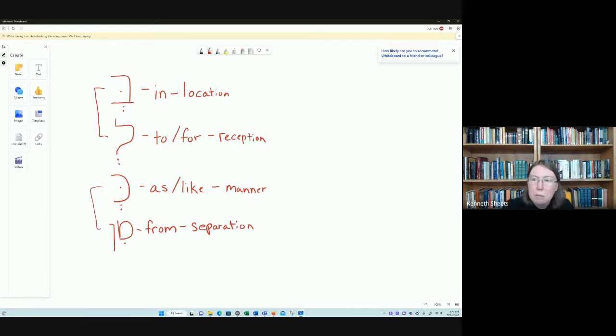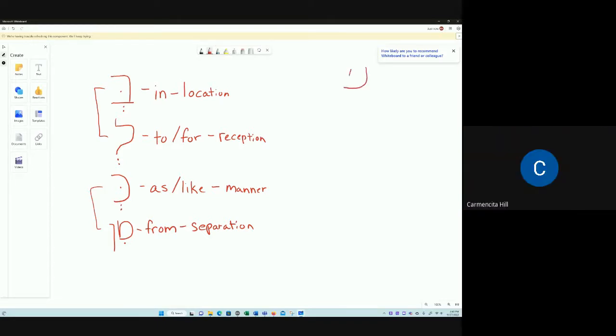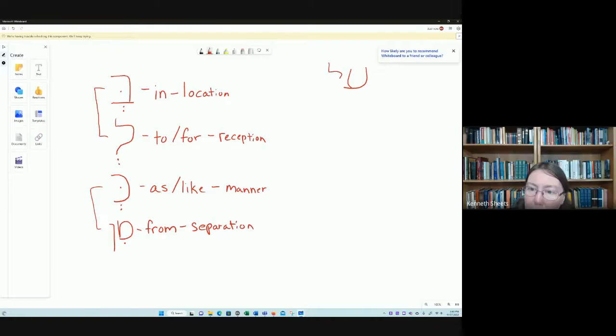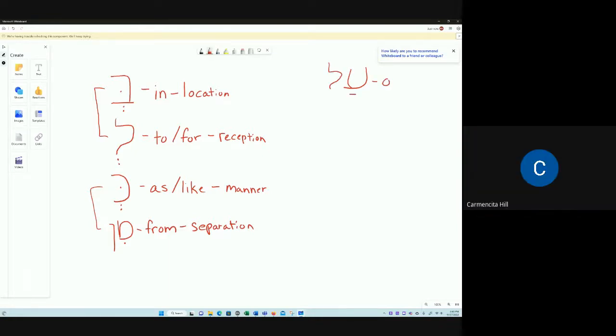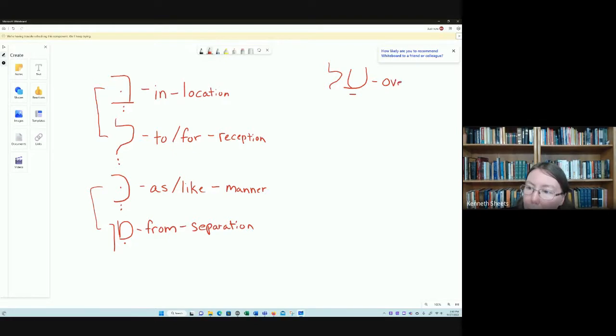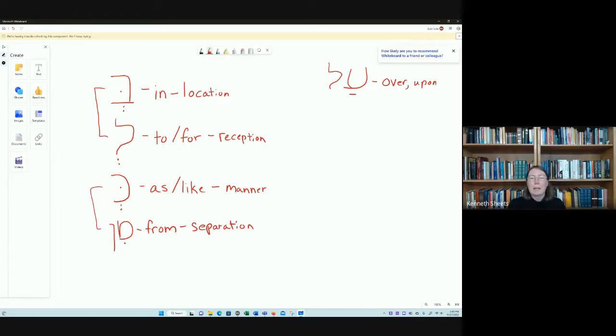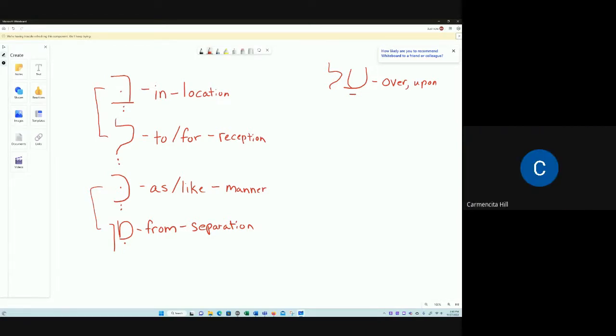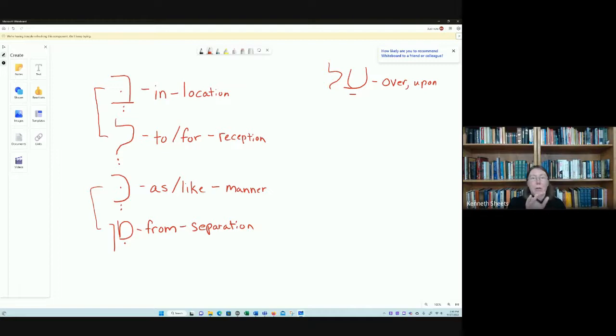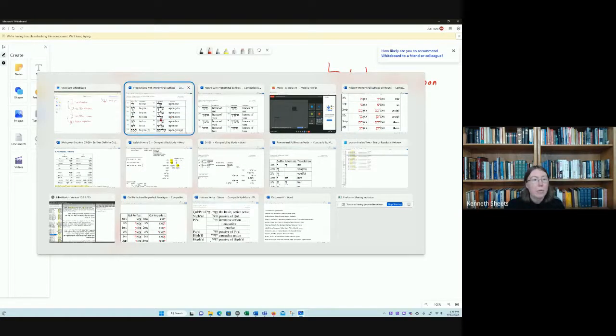And then you also have some prepositions, for instance, like al, and this particular idea of basically over or upon, it's going to take the pronominal suffixes as they would occur on a plural noun. And so you'll see that as we go through this here.